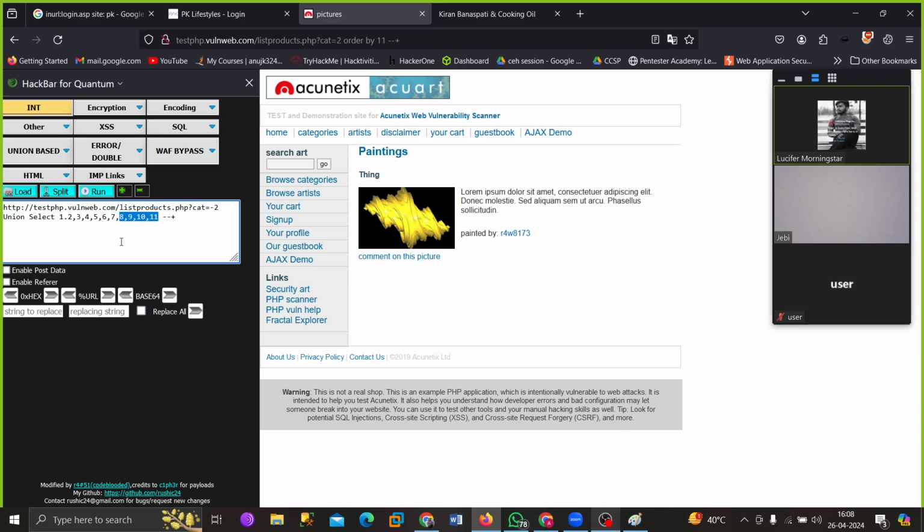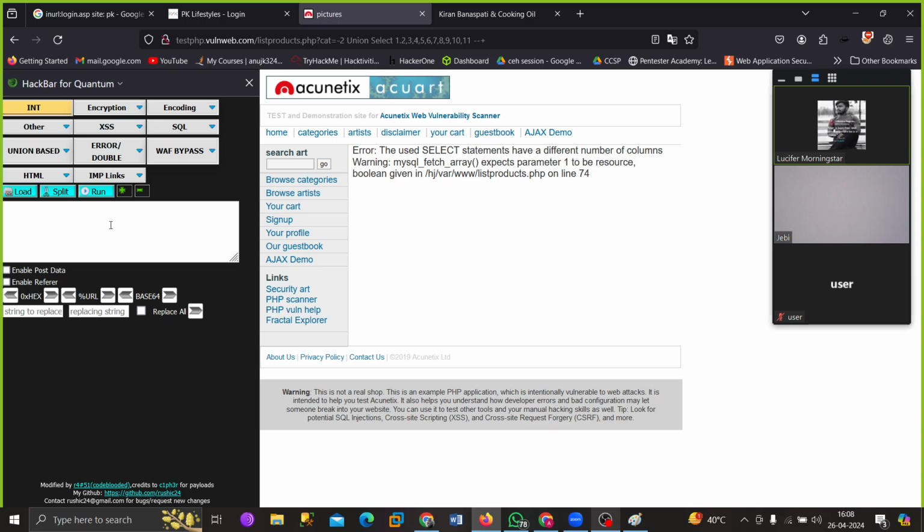Okay, we put all the column numbers. Why the hell did I get this? Okay, there was a dot, you can find it. There was not a comma but a dot. See, every tiny mistake can lead you to a big problem.